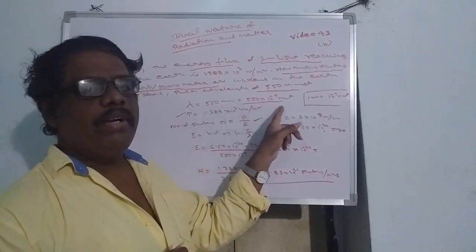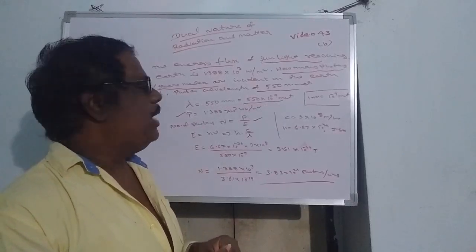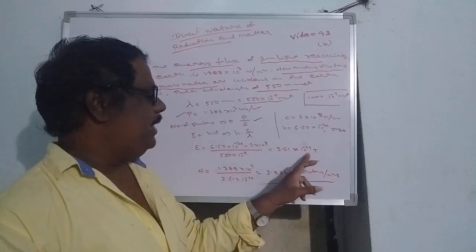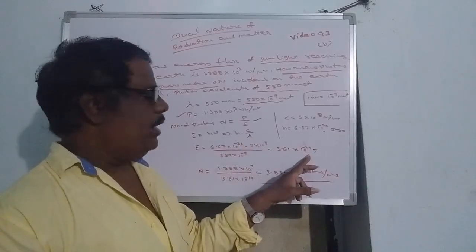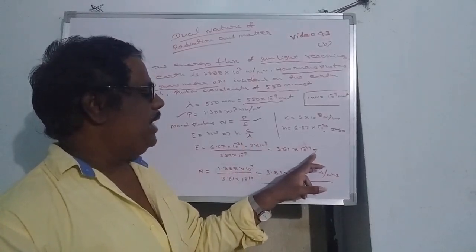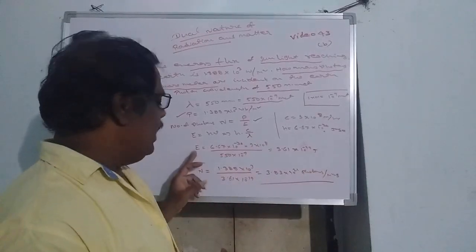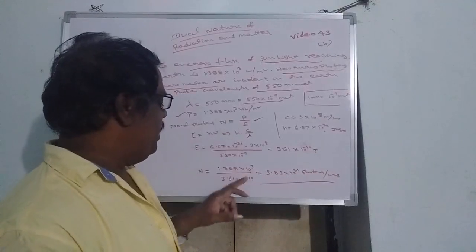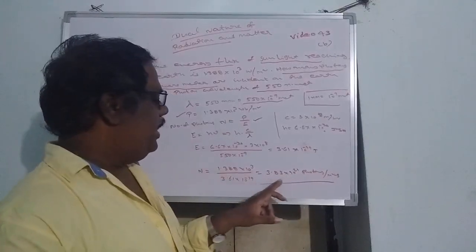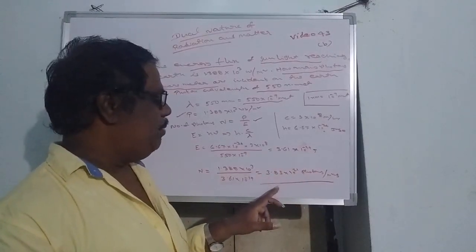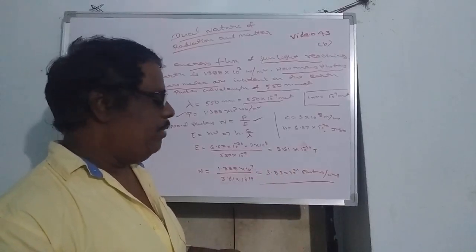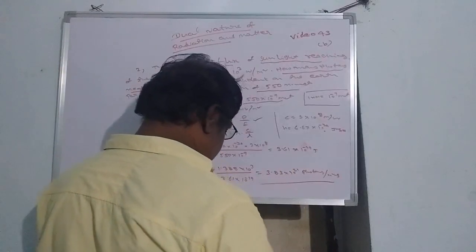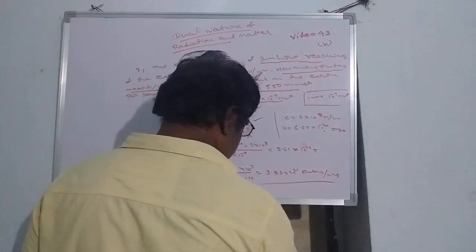That we have to convert into meters: 550 into 10 power minus 9 meters. Substitute the values here and calculate the energy of the photons: 3.61 into 10 power minus 19 joules. After calculating the energy, we can calculate the number of photons using the formula P by E, power by energy. Then we get the number of photons: 3.83 into 10 power 21 photons per meter square second. Okay, this is one of the problems for 4 marks.